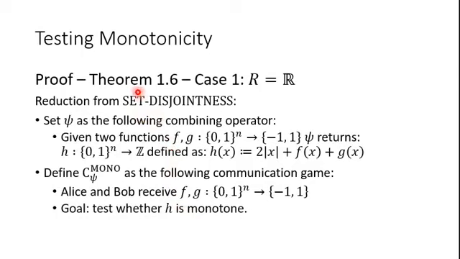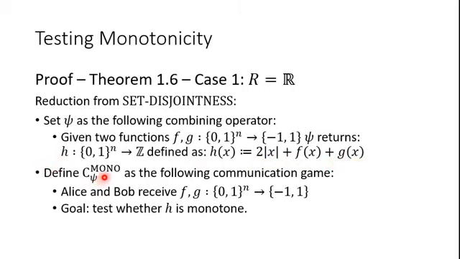So we'll start by proving case 1 for the real numbers. The way we'll do this, again, is to perform a reduction from set disjointness. So we will set psi as the following combining operator. Given two functions f, g from {0,1}^n to {-1,1}, psi will return the following function, h from {0,1}^n to the integers, defined as h(x) equal to twice the Hamming weight of x plus f(x) plus g(x).